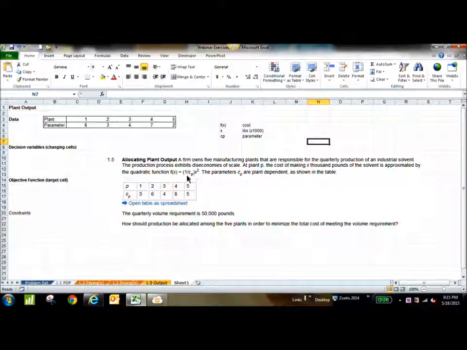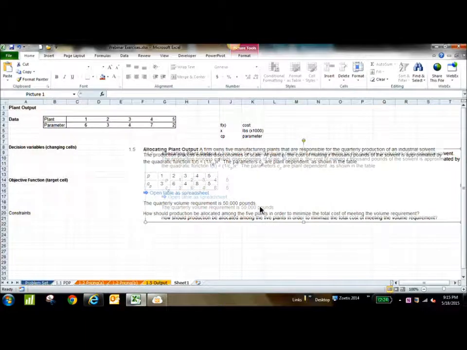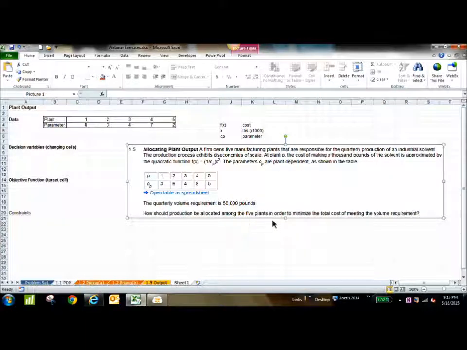So with this being said, they're asking: the quarterly volume requirement is 50,000 pounds. When I see requirement, I know they're talking about a constraint. So the question is, how should production be allocated among the 5 plants in order to minimize the total cost of meeting the volume requirements?